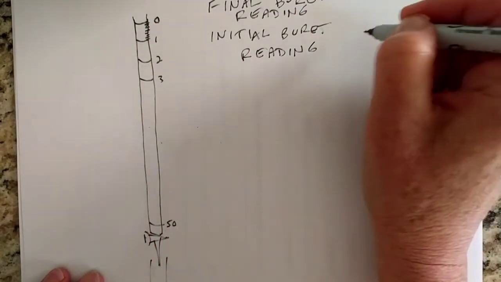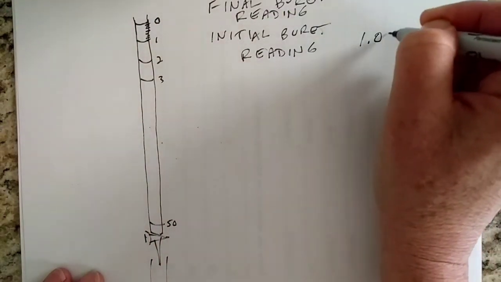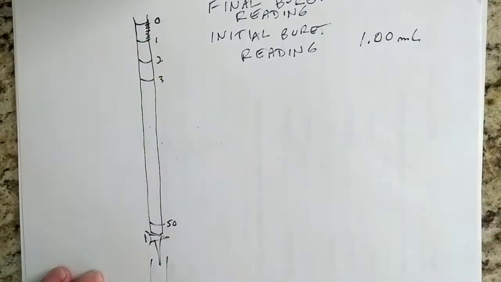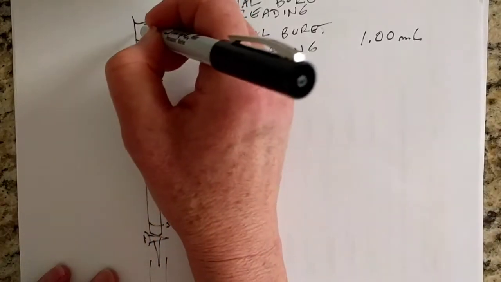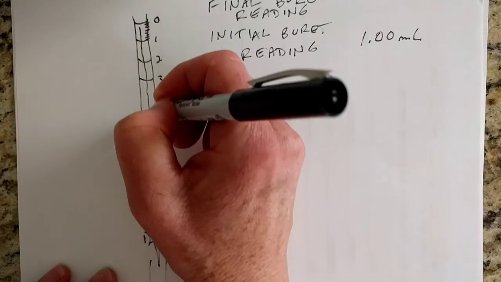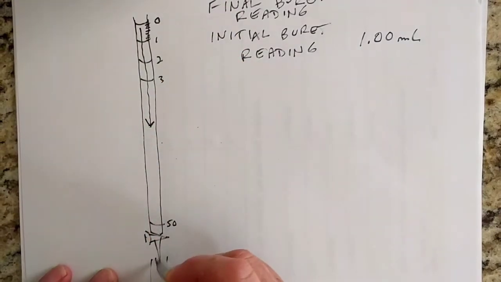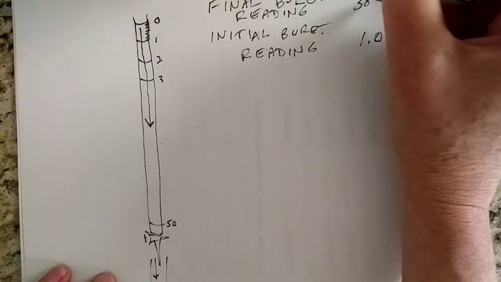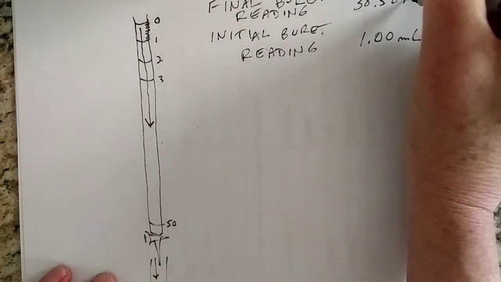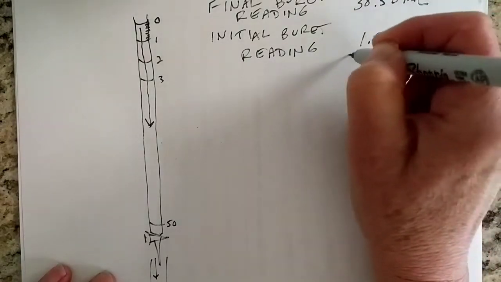Okay, so we need to fill our burette, and let's just say we fill it up and it's at 1.00. So our initial burette reading is 1.00 milliliters. We need to get 37.5 milliliters into our flask. So we're going to open the stopcock, and the solution is going to go down and into our volumetric flask, and we'll stop it at 38.50 milliliters.